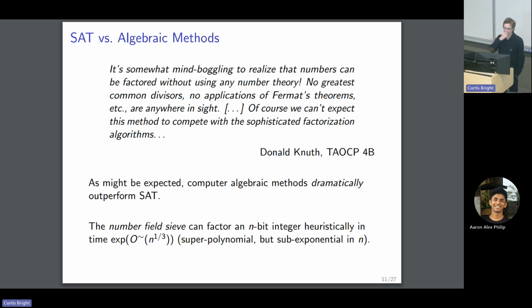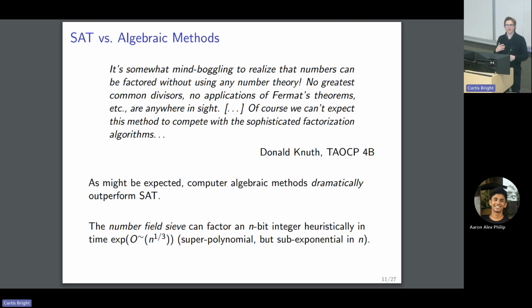And this is a quote from Knuth's The Art of Computer Programming. He basically said, yeah, this is kind of mind-boggling when this even works, right? Because you're not using really any cleverness in a sense. You're just taking the multiplication circuit and converting it into logic, which you then throw into the SAT solver and get an answer if the search space is small enough. But it's not going to scale.